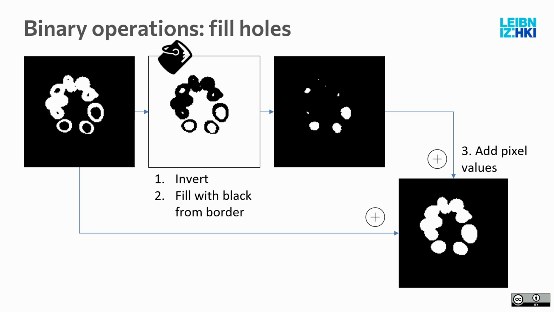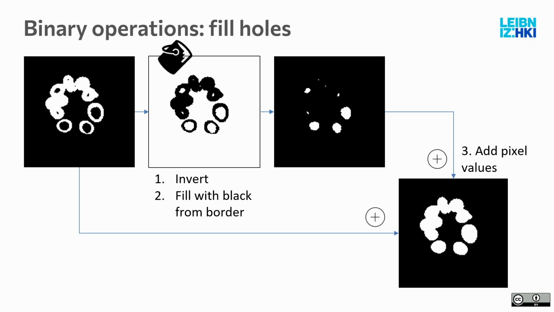Then you basically get only the inner parts out, and then combine these two images by adding them up. So it makes this here all black, then only these inner parts are left over. We have the inner parts, the outer parts, add them together pixel-wise. Boom, we have the holes filled.